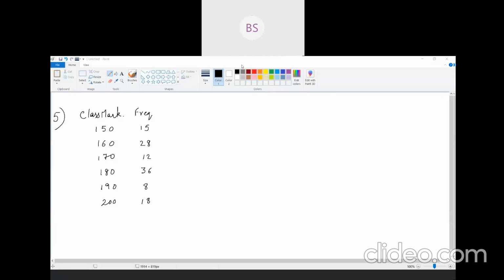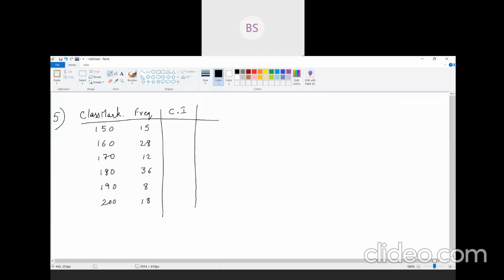Now can you hear me? Okay, fine. Now here we can see that class mark is given instead of class interval. So whenever class marks are given, first we have to find out the class intervals. Okay, so we have to make one more column where we'll be finding out class intervals.